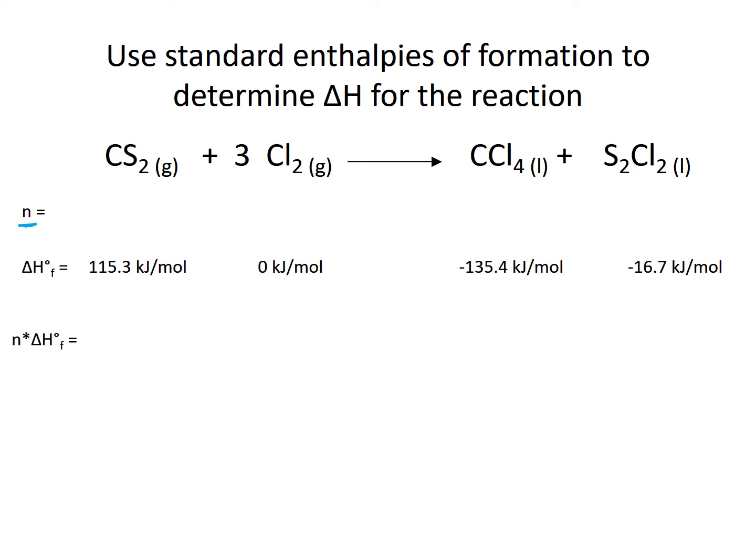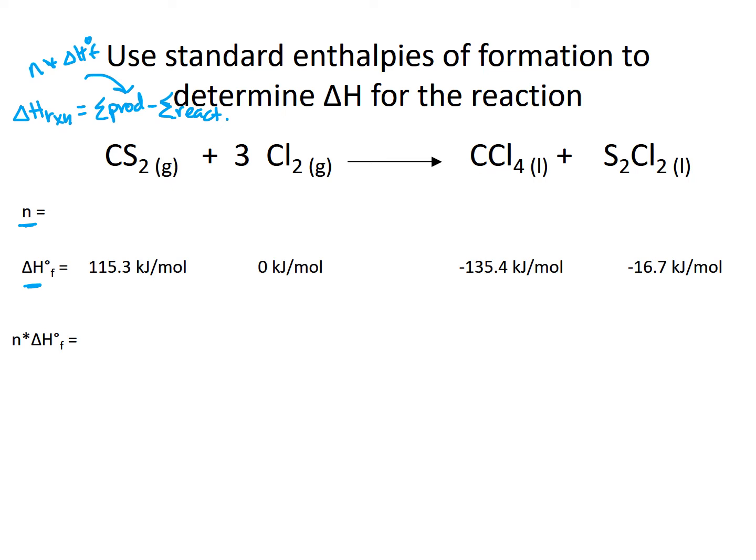Then I have my n value and I have my delta H. So remember, and I'll just write this up here, delta H of the reaction is going to equal the sum of the products minus the sum of the reactants. Okay, so for each of those sums, what I'm doing is multiplying n times delta H naught f.